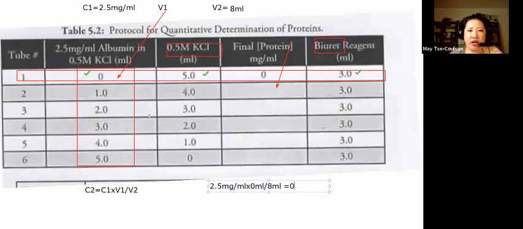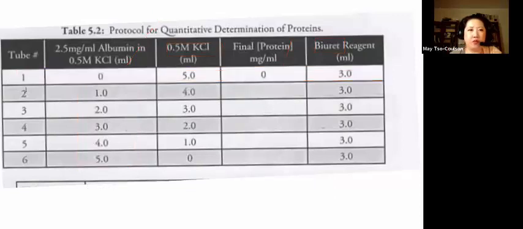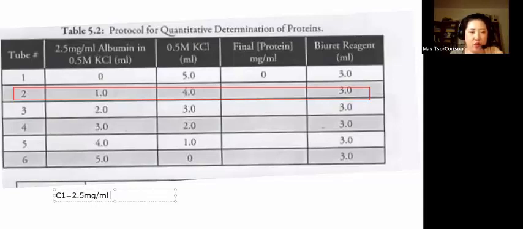If we look at the second row here, we know that again C1 is equal to 2.5 milligrams per milliliter. We know that V1 in this case is equal to 1 milliliter, and we know that V2 is equal to 8 milliliters total volume. Okay, so we need to solve for C2.